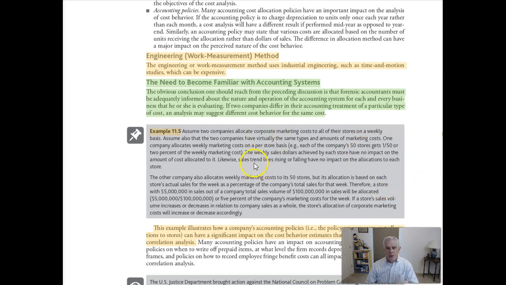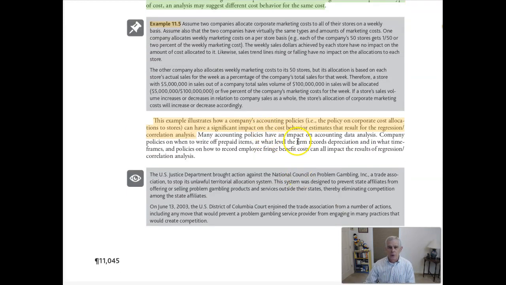Read this. Two companies allocate marketing costs two different ways. So as an accountant going in evaluating a company, you cannot assume the company you're looking at allocates cost like other companies you're familiar with. You need to ask the questions and find out how they are allocating cost. It's a good example.